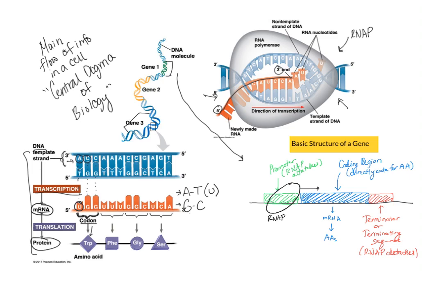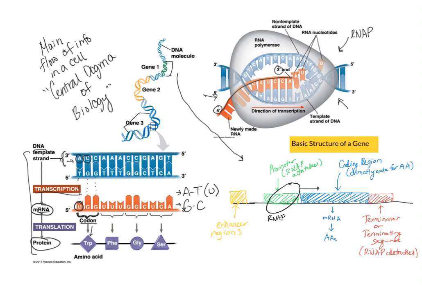Okay, so we've got a promoter region, the coding region, the terminator or terminating sequence region, and then the last region that we're going to especially see in eukaryotes, and we'll talk more in depth about this later in Unit 6, is right here. And these are referred to as enhancer regions.